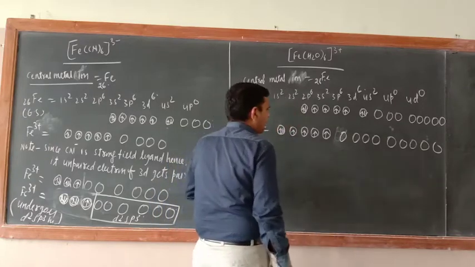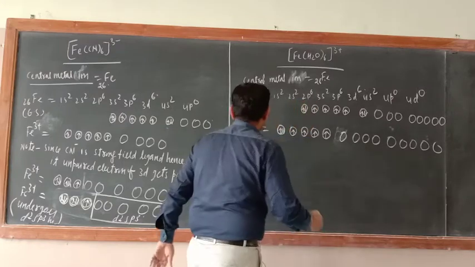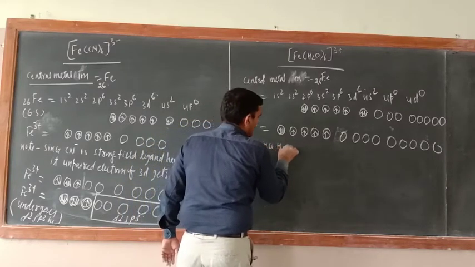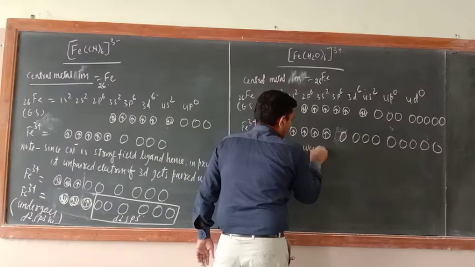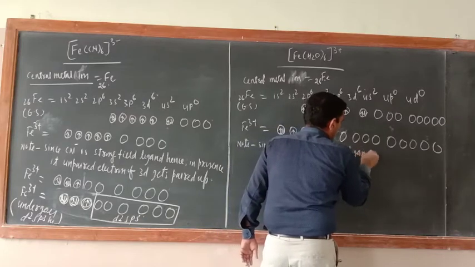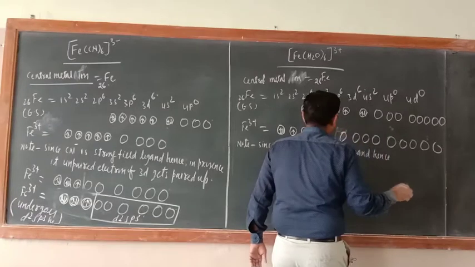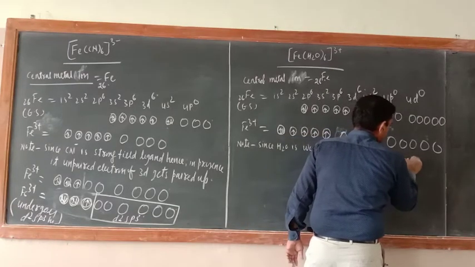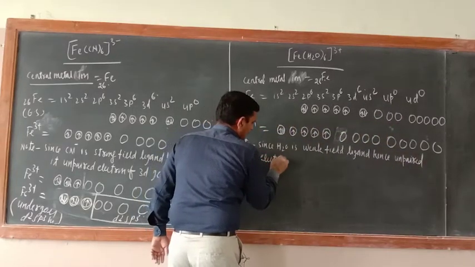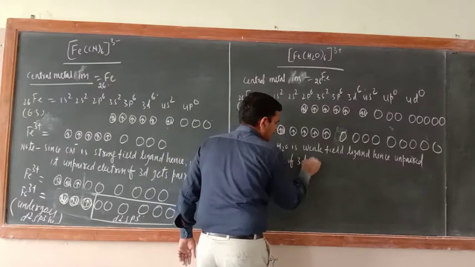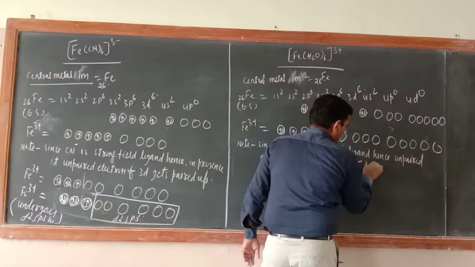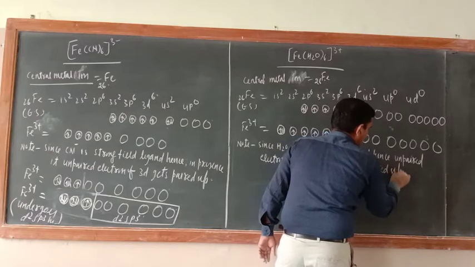Now just see what is the name of the hybridization. Here you should write a note: since H2O is a weak field ligand, hence the unpaired electrons of 3d will not get paired up.